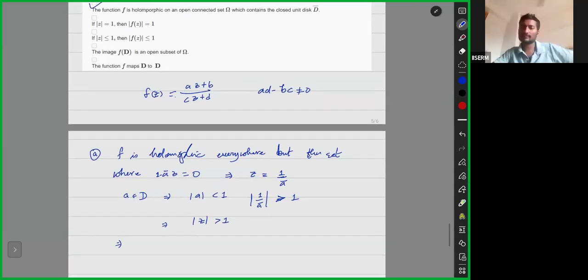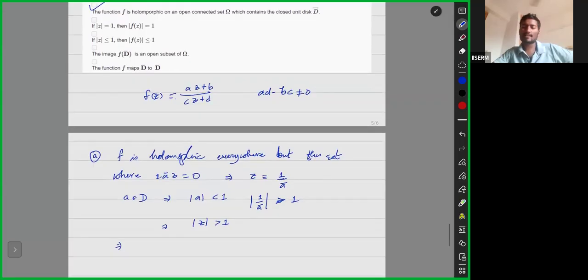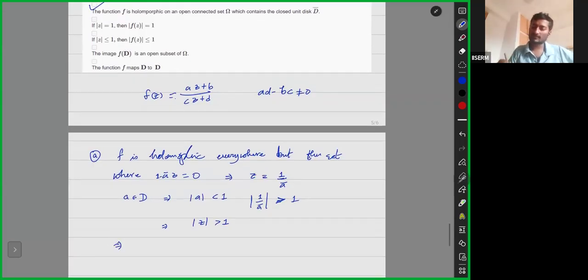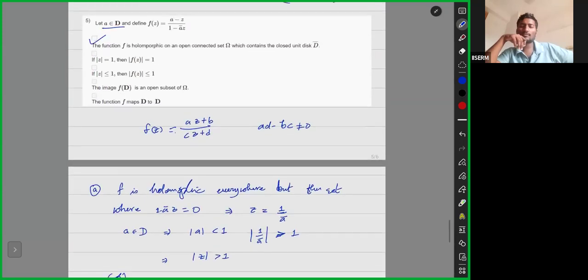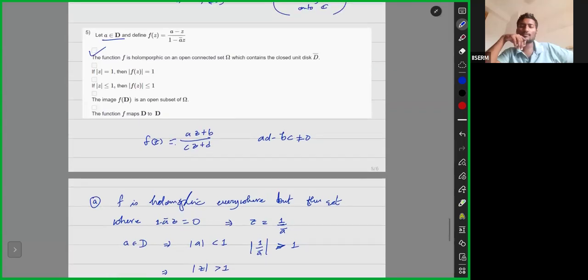Now I can say the second part. Mod z is equal to 1, then let's calculate modulus of f.